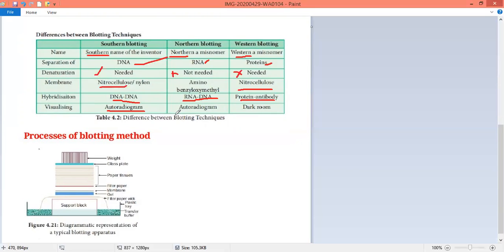This photographic emulsion is used to visualize molecules or fragments labeled by radioactive elements. So we can use this autoradiography method to separate. But proteins can be visualized with the help of a dark room. If you look in the dark room, the proteins will appear in different colors. So this is about Western blotting.